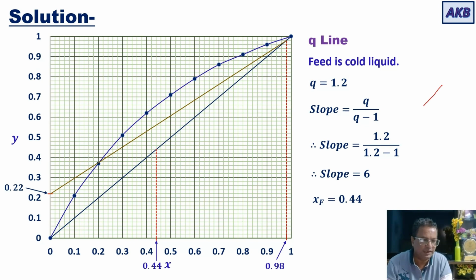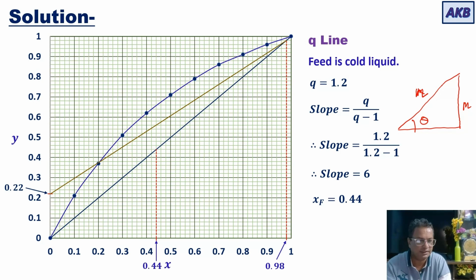Because slope of a line is nothing but tan of the angle made by the line with the horizontal. Okay, so in this case, tan theta will be, let this side be N, let this be M.